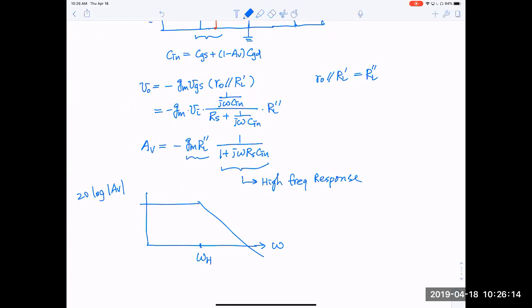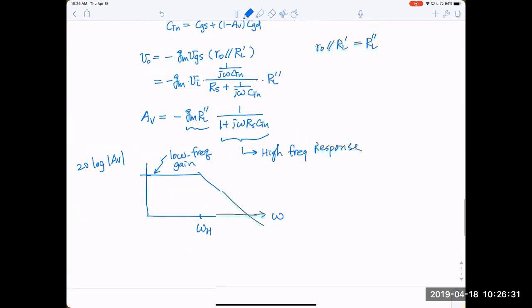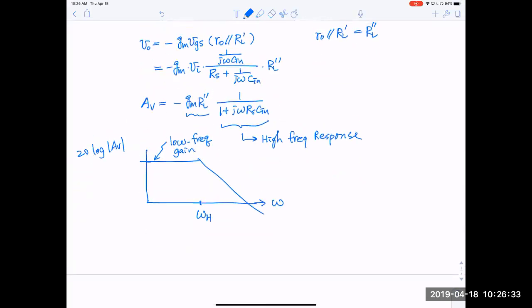The baseline here gives you the low frequency gain, sort of the gain we obtained earlier without considering the capacitor. And omega H is basically equal to 1 over RS C in.